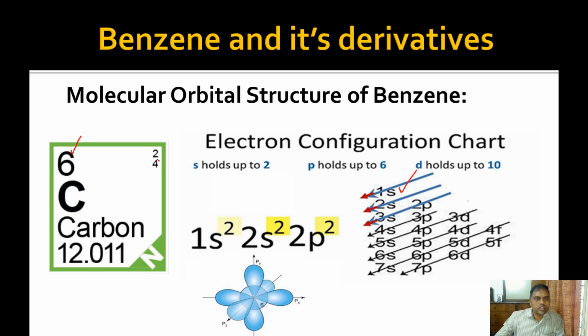The remaining is 4 electrons out of 6, and these have to get distributed in 2s and 2p orbitals. In the 2s, of course, 2 is going to get filled. So 2 in 1s, 2 in 2s, and 2 more electrons are remaining out of 6. Let's see how it will get distributed here.